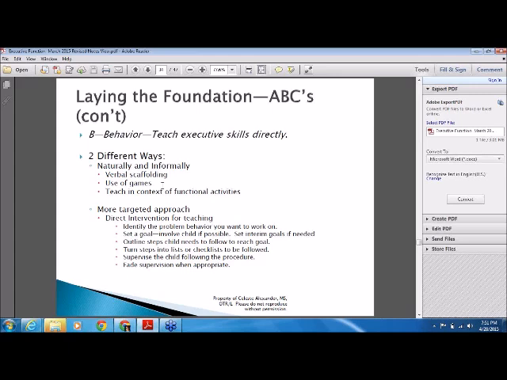And also, as an OT, we teach in the context of functional activities. So we're in the classroom, and again, y'all are going to hear my little speech of why I love being in schools. It's where it's happening. Yes, they can come and do it in other places, in your clinic, in their home is important too, but I think it's so much more meaningful when they do it in their natural context.